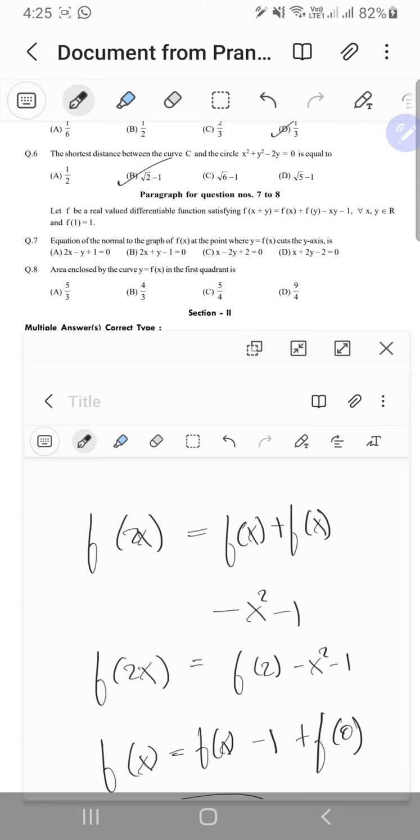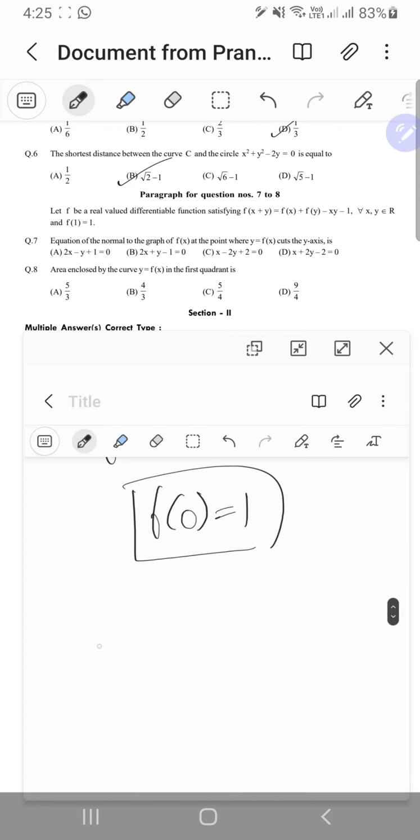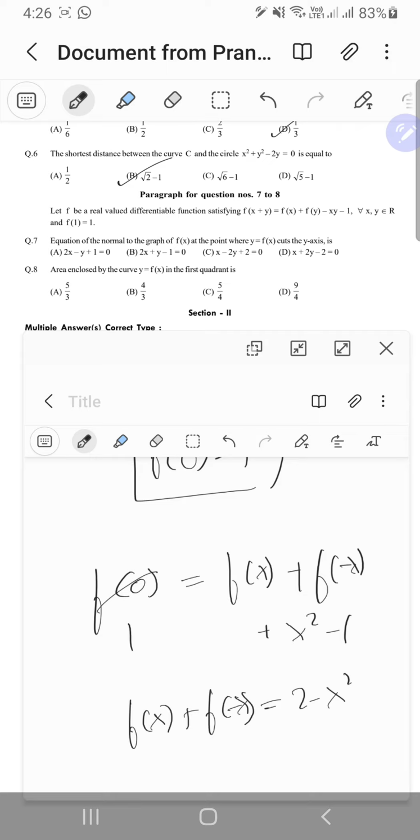I don't know. Let's try to put y equal to negative x. So we just have f of 0 equal to f of x plus f of negative x minus, okay, so plus x squared minus 1. We know this is just 1, so f of x minus x. But this is not so. Yeah, what am I doing with this?